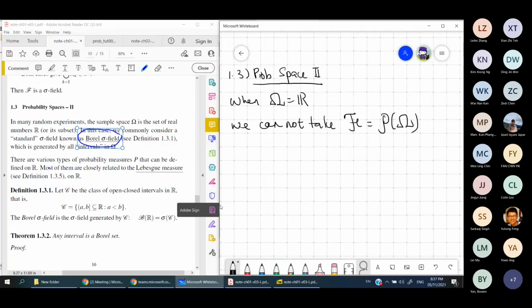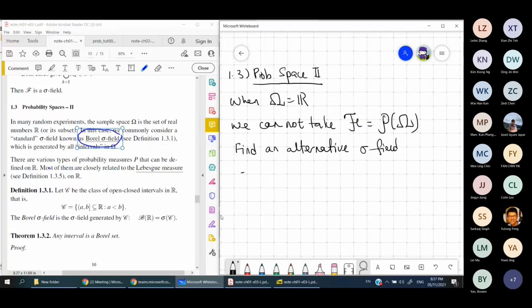So we cannot take this, so we have to find another sigma field. So which one is it?